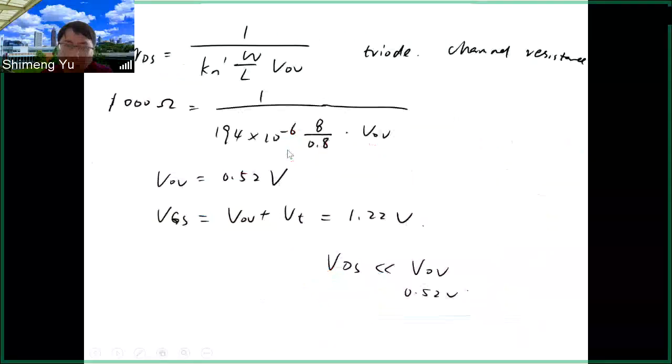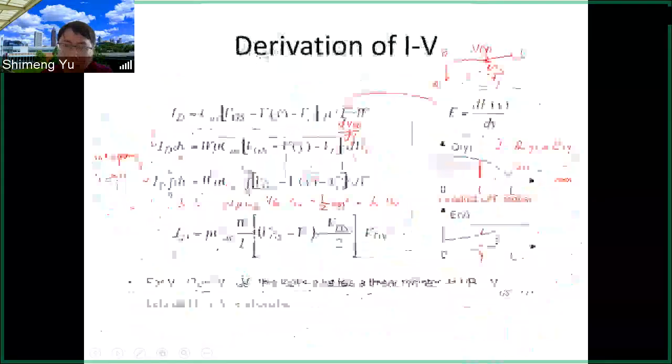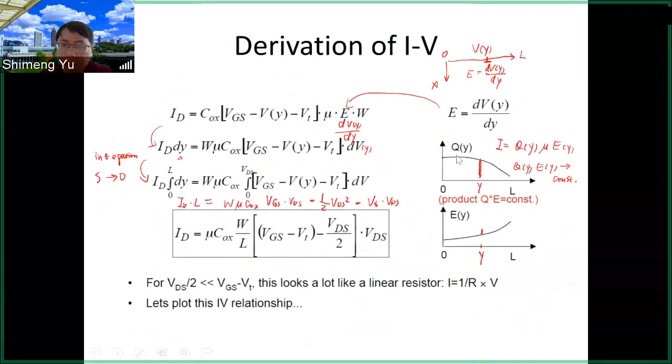This relates back to the discussions we had here. If you recall, we said that the current needs to be continuous. So as you get smaller and smaller charge density in the channel, the carriers will move faster and faster. If the charge density goes to 0, the velocity will be infinity. Otherwise, you cannot get a constant product here.